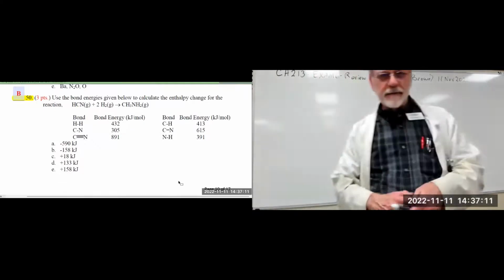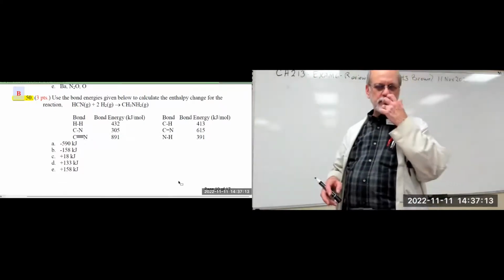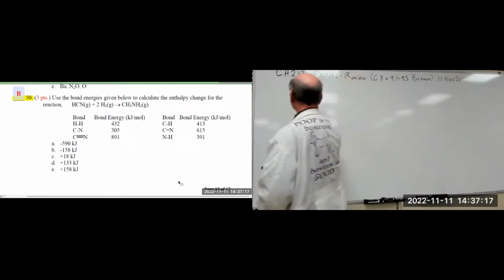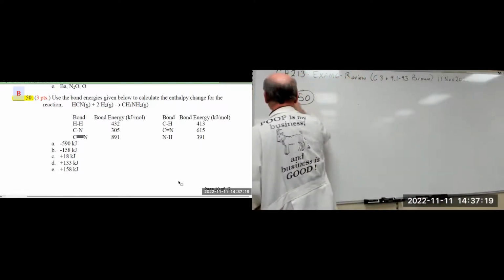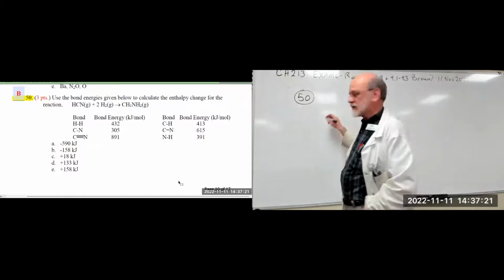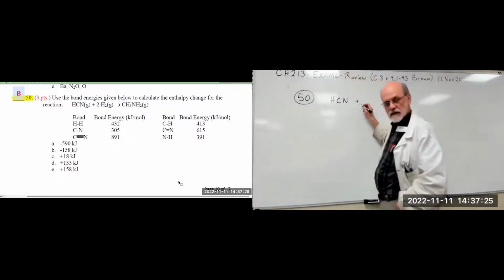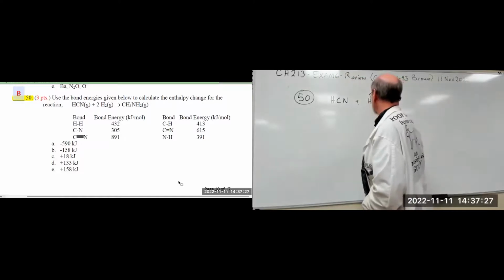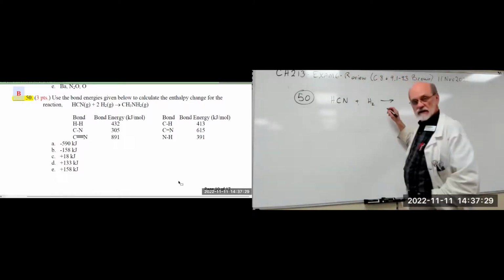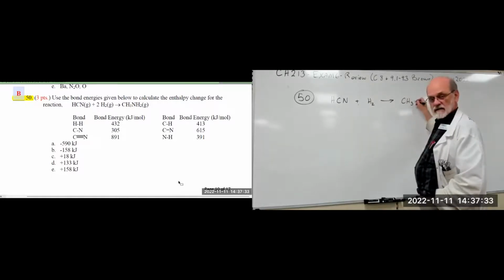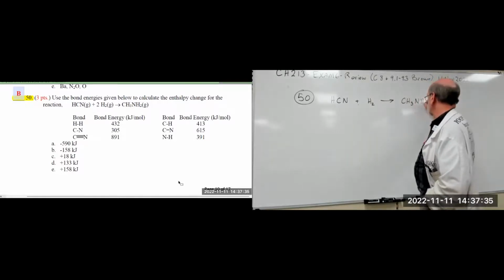How about 50? Use the bond energies given below to calculate the enthalpy change for the reaction. So the reaction is HCN plus H2 yields CH3NH2.